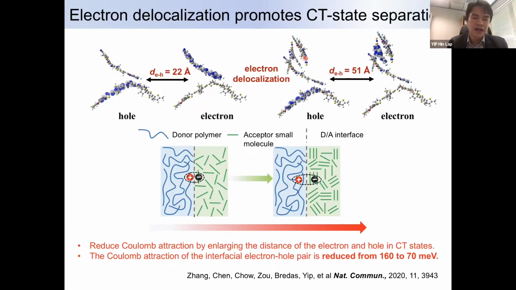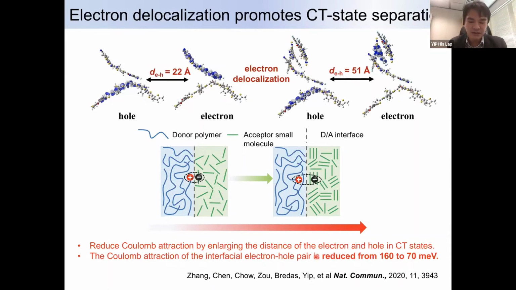However, if the Y6 molecules pack very well, forming some aggregate at the interface, for example, when we extract 3 molecules packed together, then the electron and hole pair distance extends to 5 nanometer. That is very important because once the hole and electron become more separated, it's easier to dissociate this hole and electron.